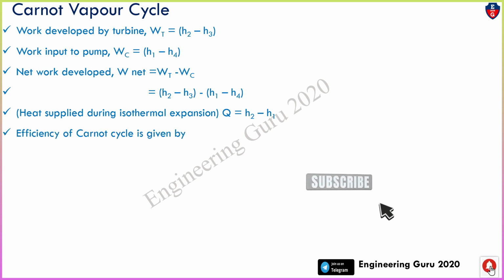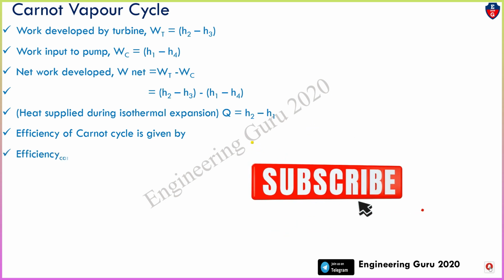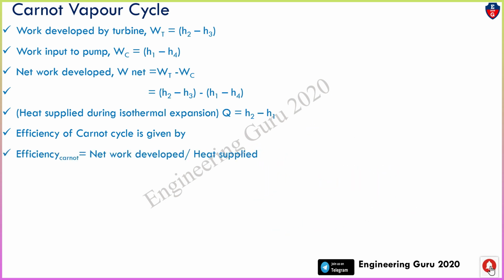So the efficiency of the Carnot cycle is given by efficiency equal to net work developed divided by heat supplied. Net work developed is (H2 minus H3) minus (H1 minus H4), and heat supplied, that is Q, is H2 minus H1.